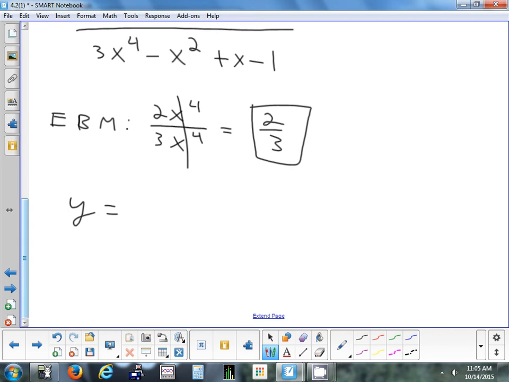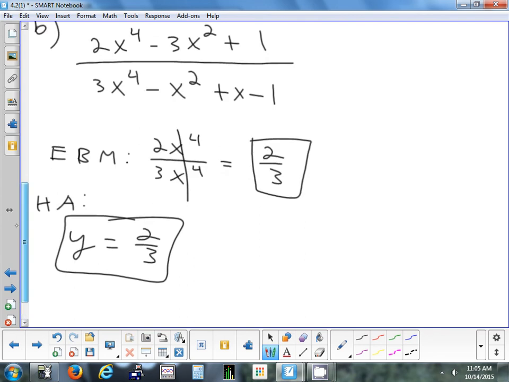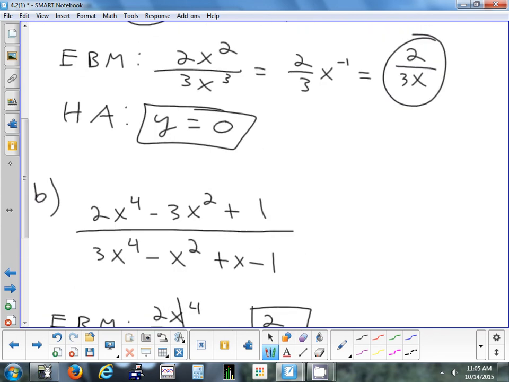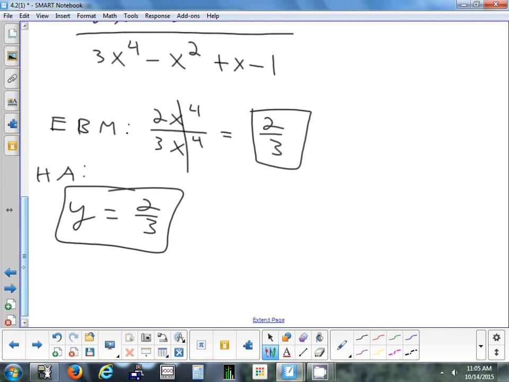It doesn't change. Yeah, so it just approaches 2/3. That would be your horizontal asymptote. So sometimes the horizontal asymptote approaches 0. That usually happens when you have a variable in the denominator. Or if all your variables cancel out, your horizontal asymptote approaches that number.